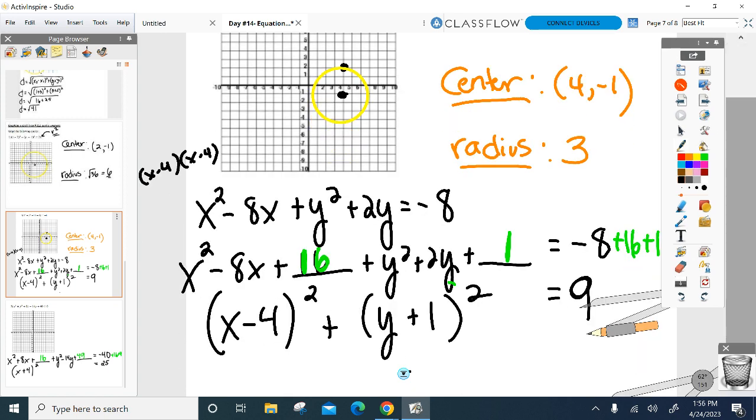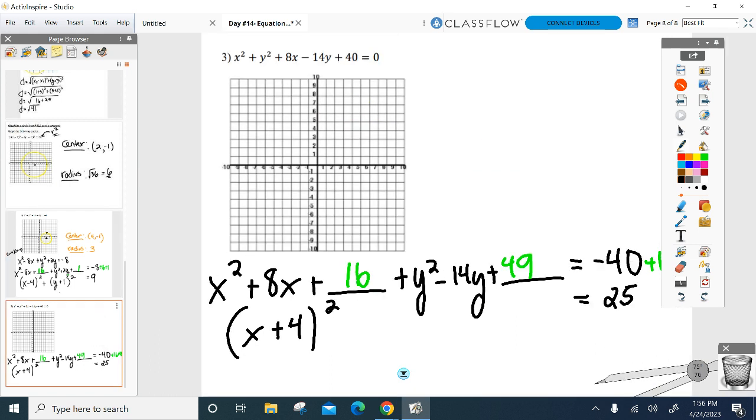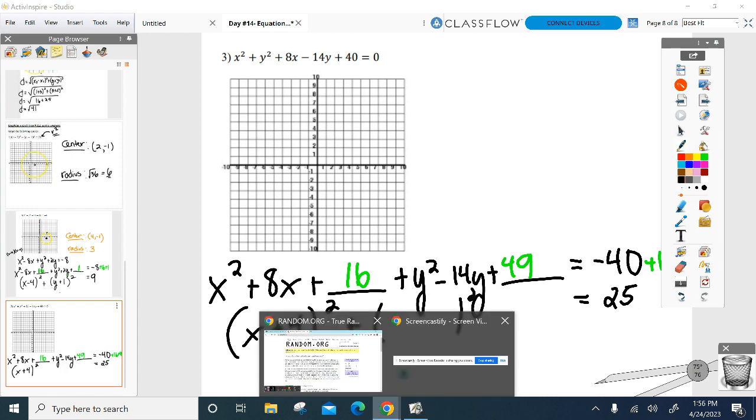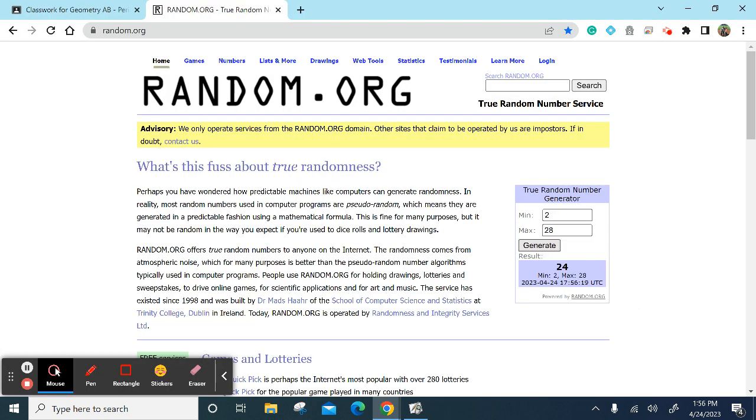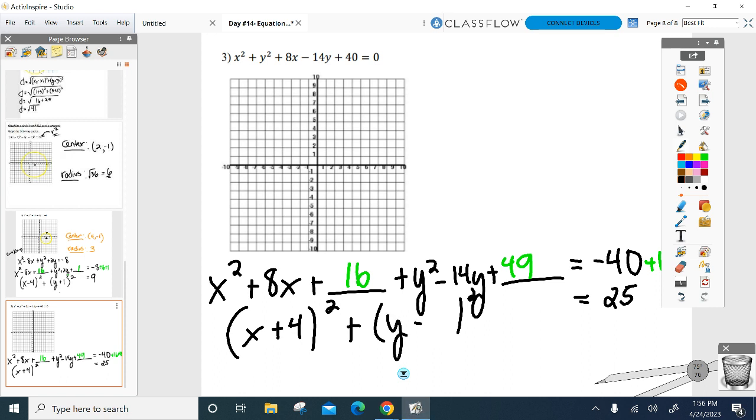Where could I have just gotten 1 from? Just take half the b value and you got it. If you just take half your b value, you have what's going to go inside. But if that's confusing, just keep on factoring. What's going to go in the next parenthesis when I factor negative 14 and 49? y minus 7. Yep, equal to 25.